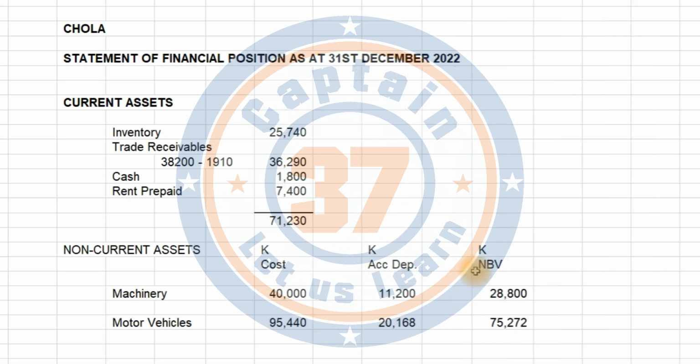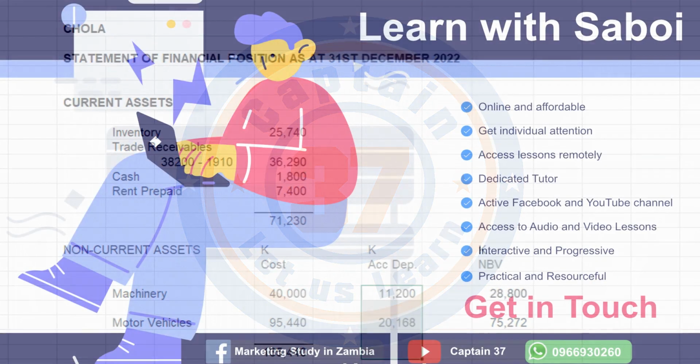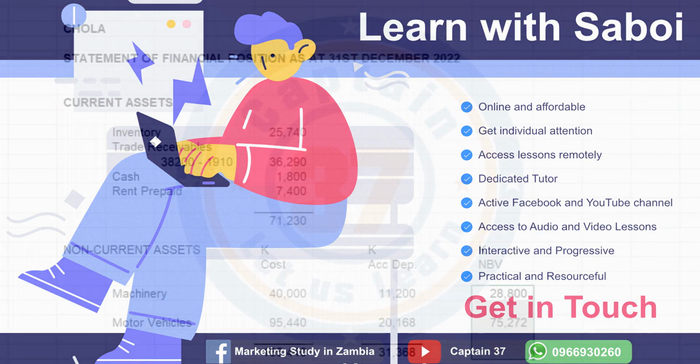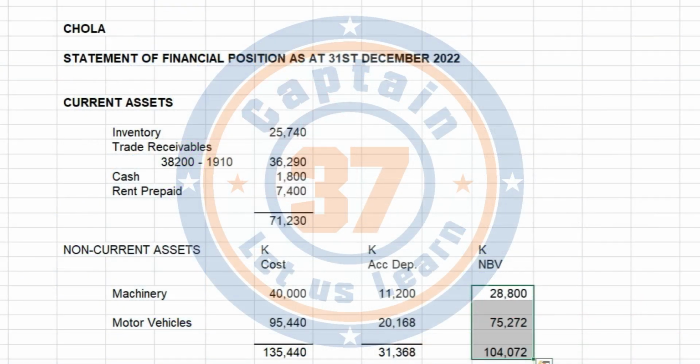So quickly, this plus this, when we add them, it gives me 135,444. I'm going to add these as well. When we put them together, that's how much it's going to give us: 31,368. We add these as well, and it's going to give us 104,072. So these are the important figures.